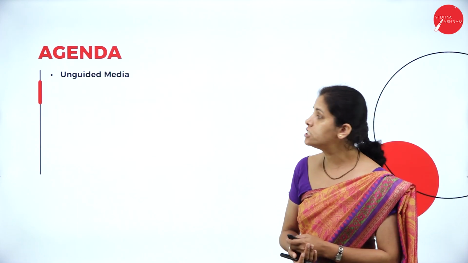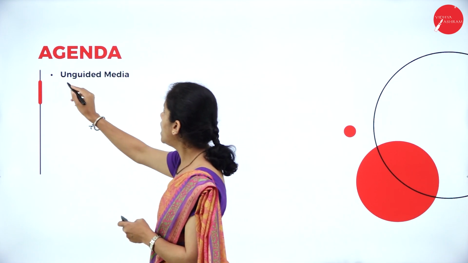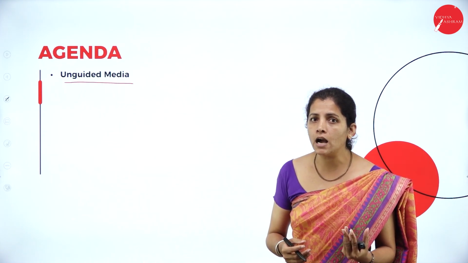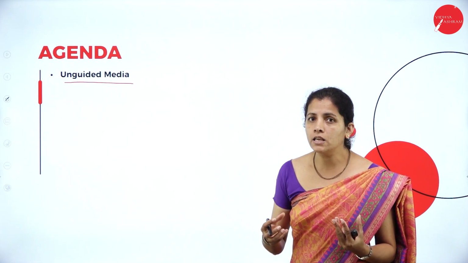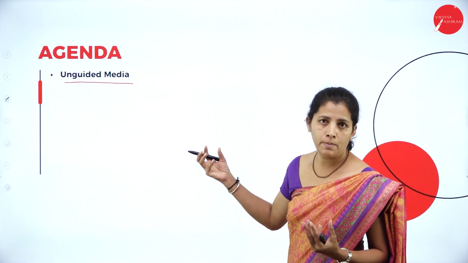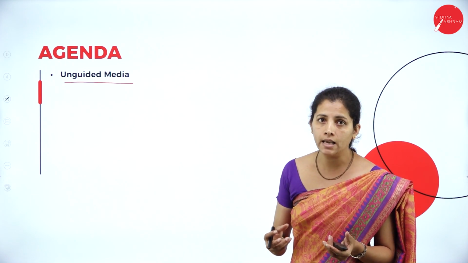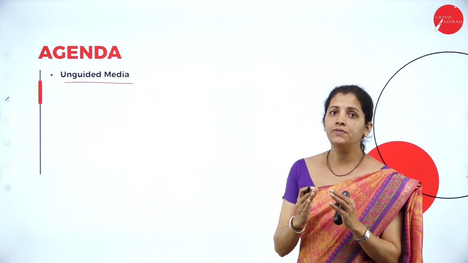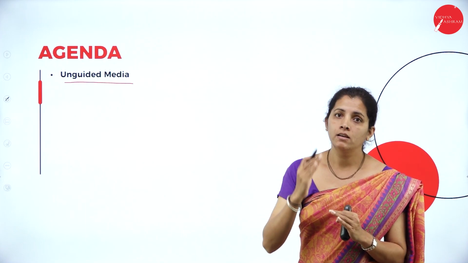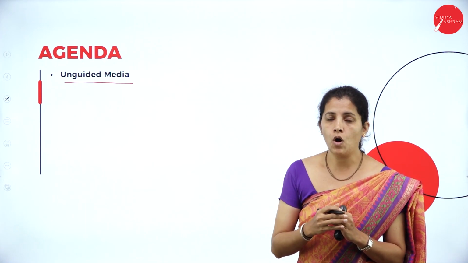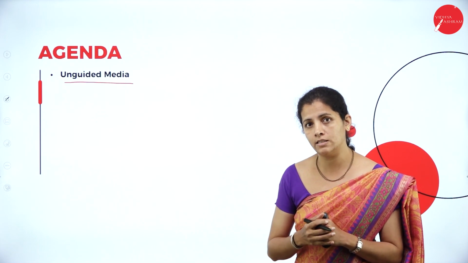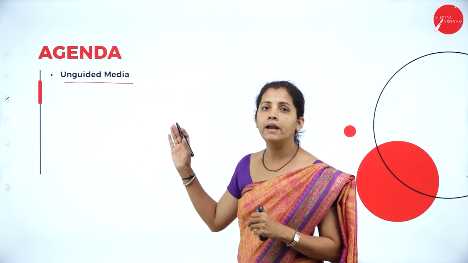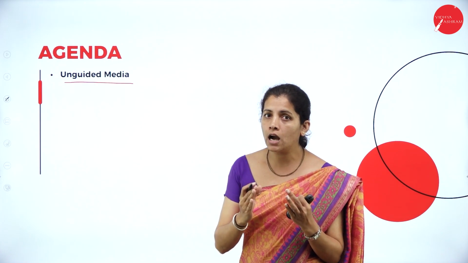But in today's session, I am going to deal with unguided media. So what is unguided media? It is nothing but unbounded media or wireless. If I want to transfer the data over a large distance or a longer distance, I am going to use unguided media. And how am I going to send the data?